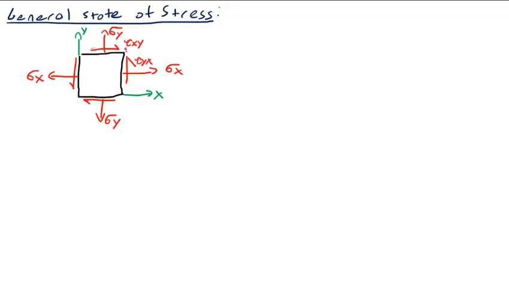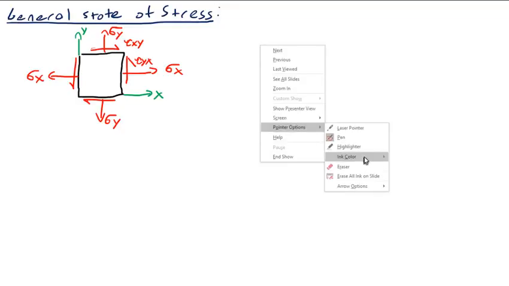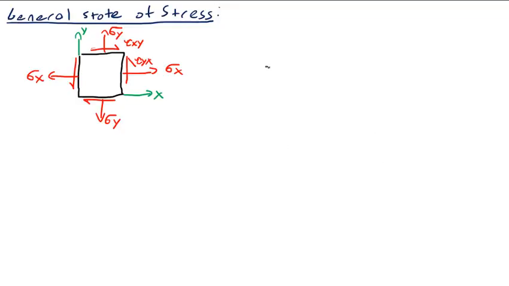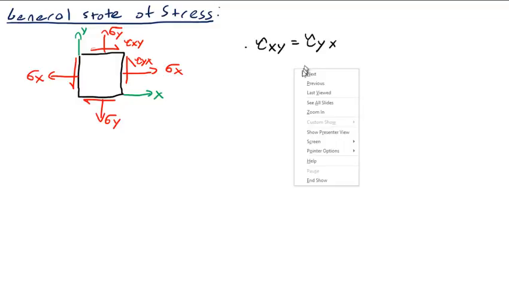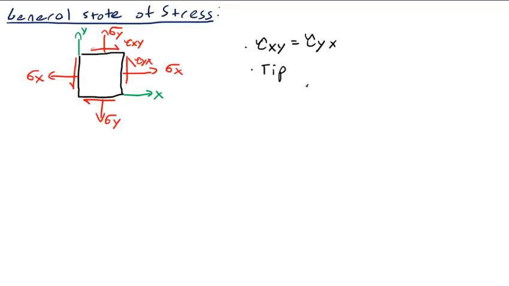So the reason these are going to be like this is what's needed for equilibrium to be ensured. You can read about this more in the book. I would encourage you to. But tau xy is tau yx, the same thing. In order to maintain equilibrium, they have to be either tip to tip or tail to tail.